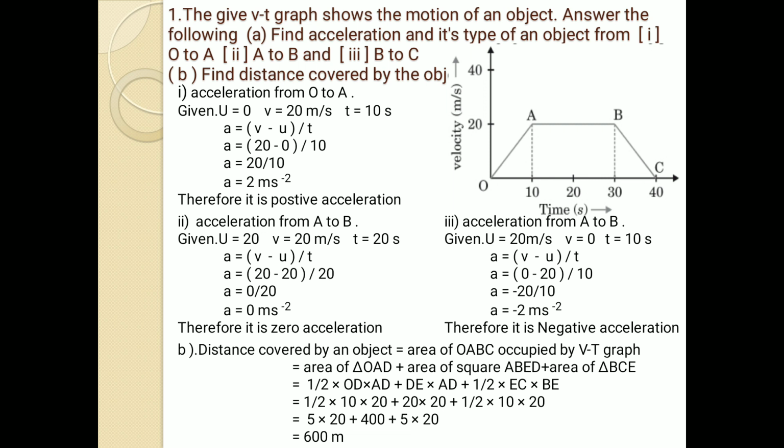So 600 meter is the distance covered by the object. Is it clear, children? This is how we can measure the distance covered by the object. This is very easy. Once again you can go through this and you will get to know it. So these are the uses of the velocity time graph. I hope you understood this problem.